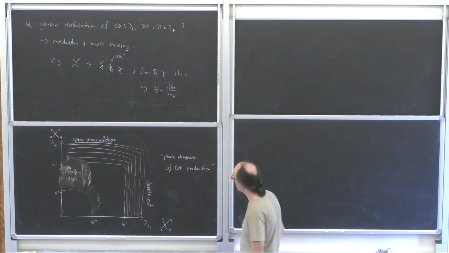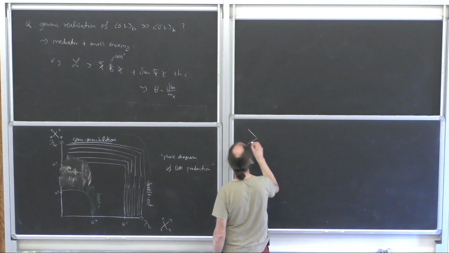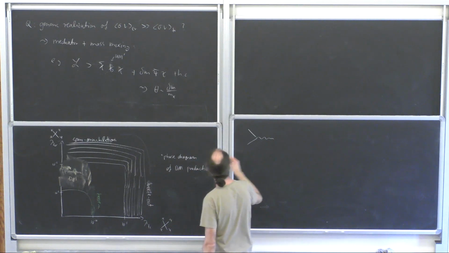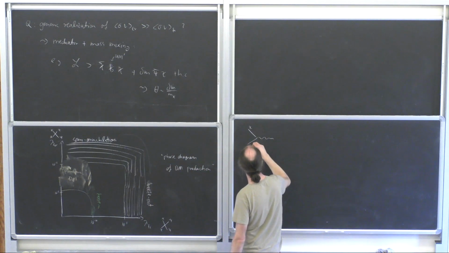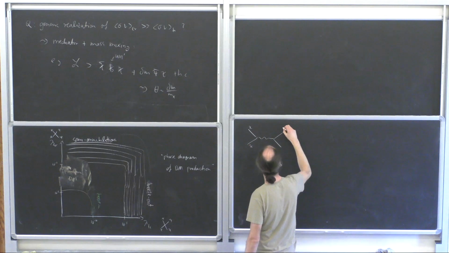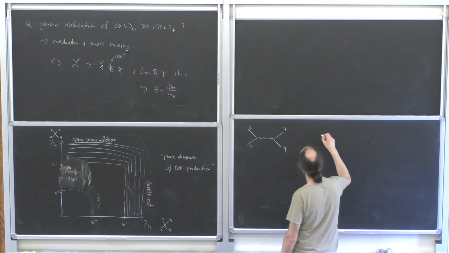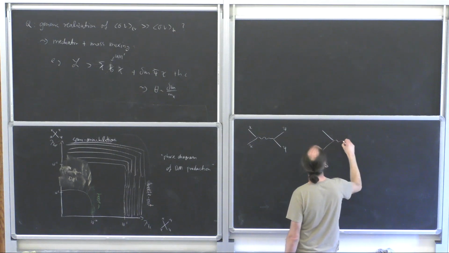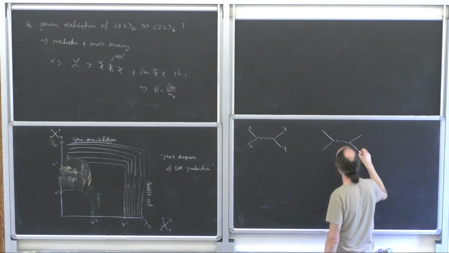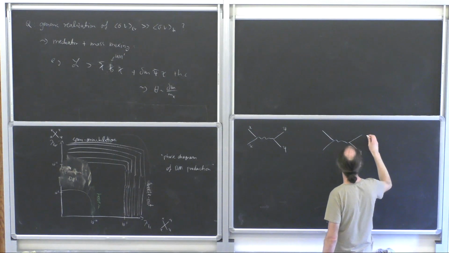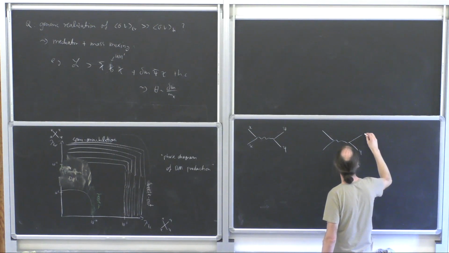Okay, and then what kind of diagrams would we have? Well, we would have to consider these kind of diagrams. So we have dark matter annihilation into heat bath particles, and we have this diagram where we have both a heat bath particle and a dark matter particle.